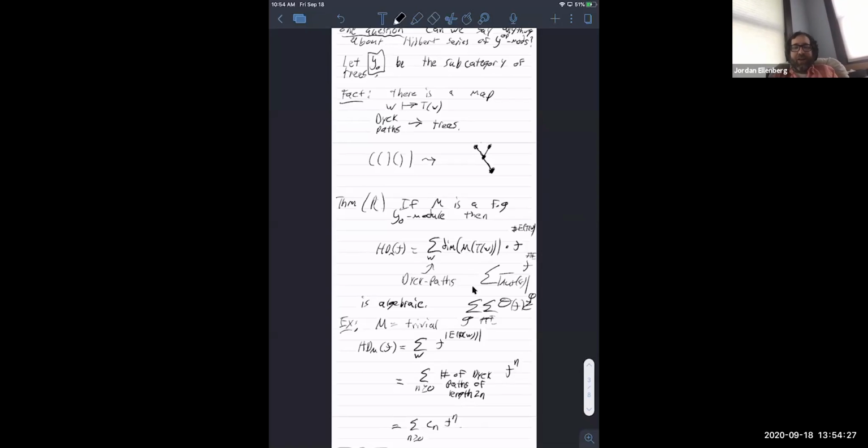You can imagine some sum of the dimension of M of g against some weight of g, like the number of Dyck paths against Tutte of g. And the Tutte would give you a t and a u, and then you would get some function of t and u. Which, I see. So as your variable in the generating function, you take a Tutte. Yeah, exactly. The Tutte is where the variables would come from.